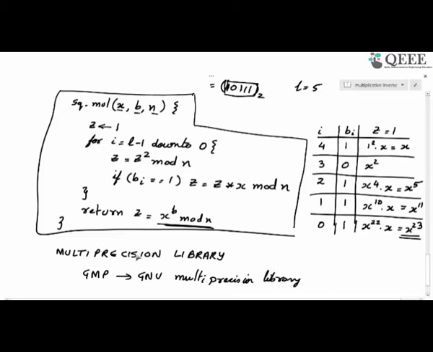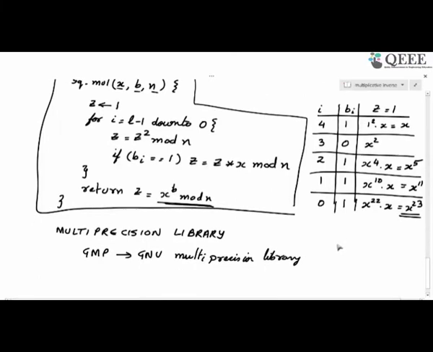Instead of doing just a square and a multiplication, which is typically not feasible when the lengths of x and z are very long, we use this GMP multi-precision library, which is capable of doing arithmetic on any arbitrarily large number. So this was how encryption was done.